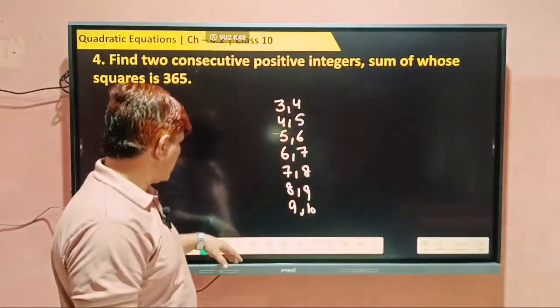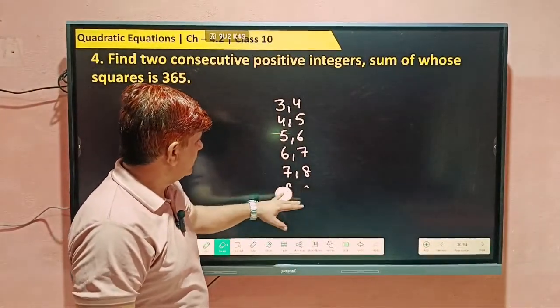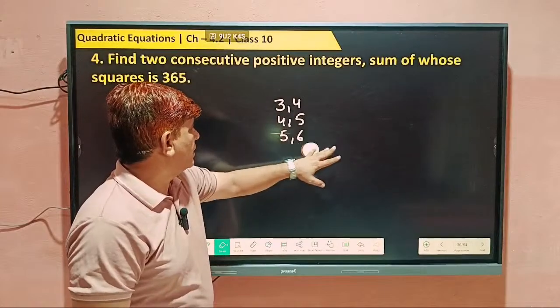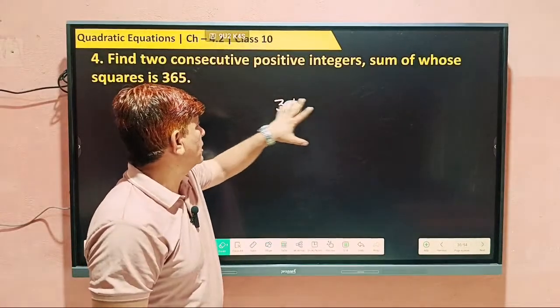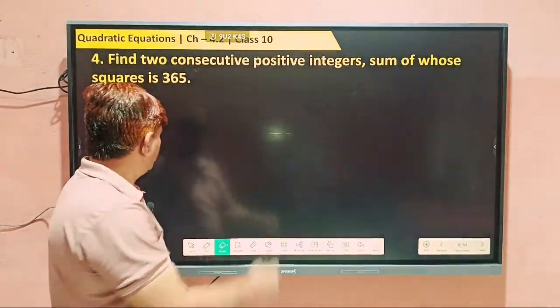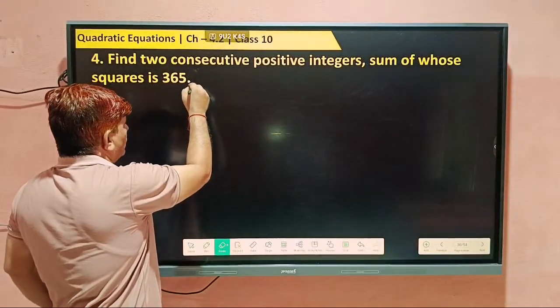So we can start this by this. How can we? Let the first consecutive positive integer be x. This is the solution of it.